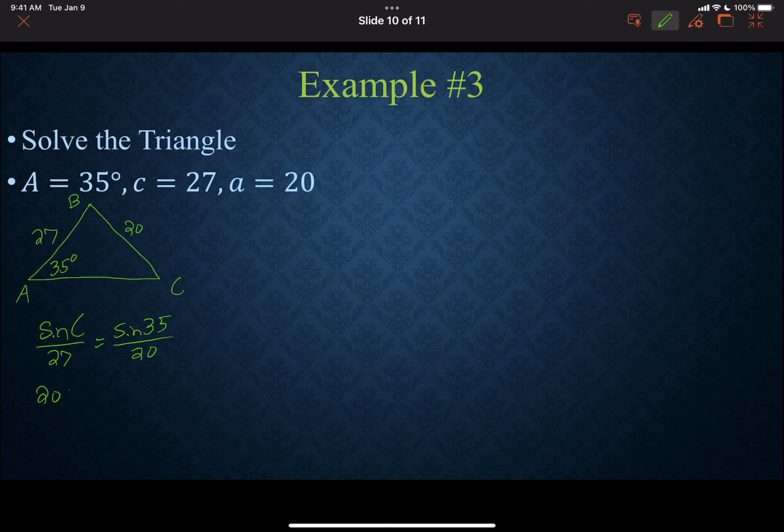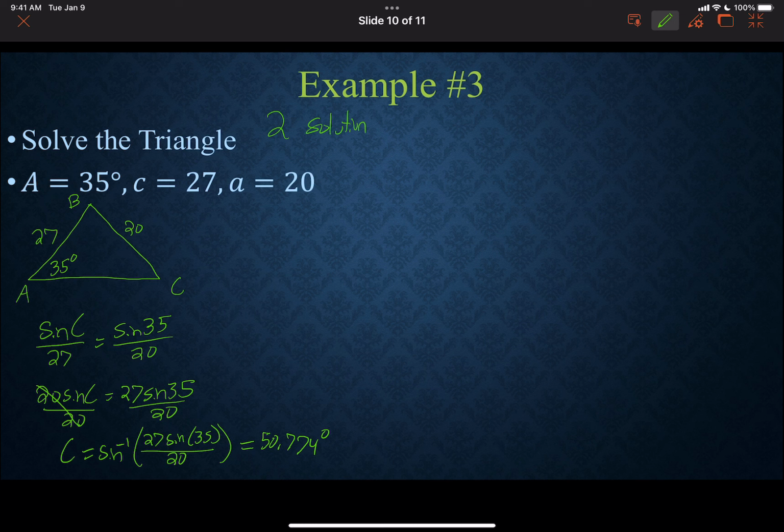Cross multiplying, getting 20 sine C equals 27 sine 35. Dividing over the 20, and then because we need to solve for the angle, it's now the inverse. So it's sine inverse of 27 sine 35, closing the parentheses of the 35, divided by 20. And this would give us 50.774 degrees. Now that's obviously larger than the first angle we had, so this now is our two-solution problem.